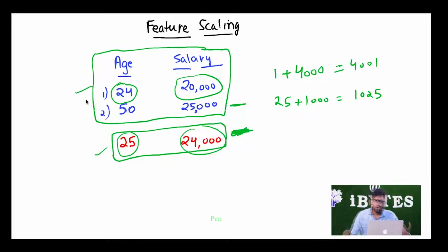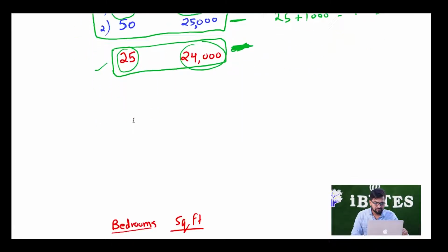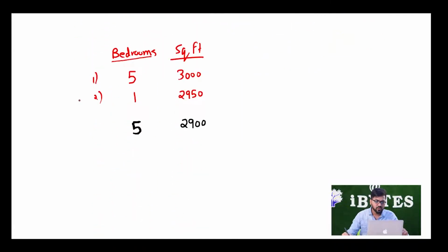Just to take another example, let's say I have a house with 5 bedrooms and 3,000 square feet area. Similarly, I have a house with 1 bedroom and 2,950 square feet. Now if I see a house with 5 bedrooms and 2,900 square feet, which looks similar?